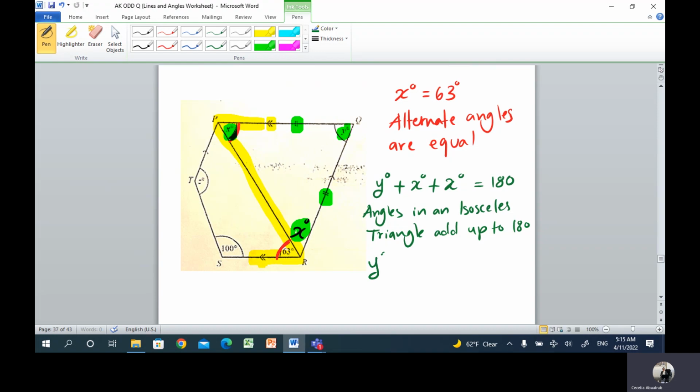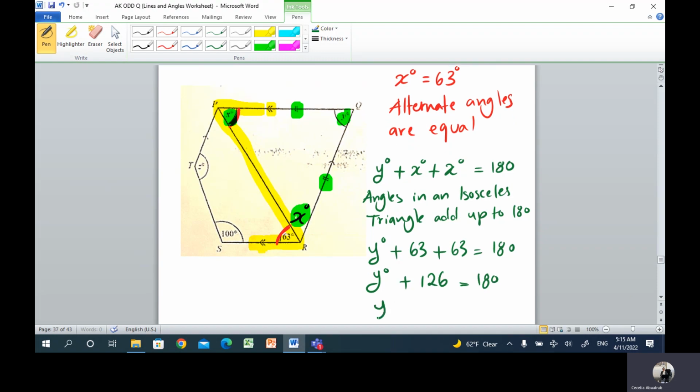Accordingly, y is the unknown, and we found x as 63, so we're going to replace it with 63, is equal to 180. If you simplify the left side, so 63 plus 63, the answer is 126 is equal to 180. If you subtract the 126 from 180, the answer will be for y, 54 degrees. So we found y.